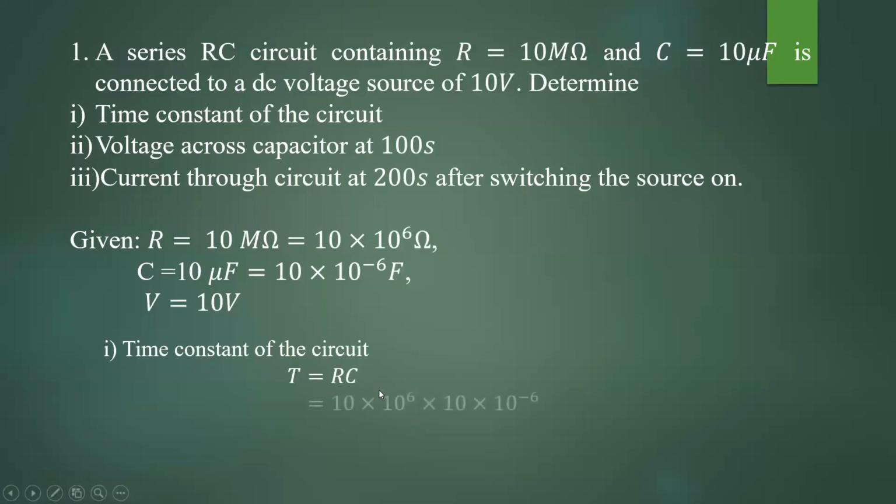The value of R is 10 into 10 to the power 6. The value of C is 10 into 10 to the power minus 6. So what will be the answer? If you calculate this product, note that 10 to the power plus 6 and 10 to the power minus 6 get cancelled with each other.